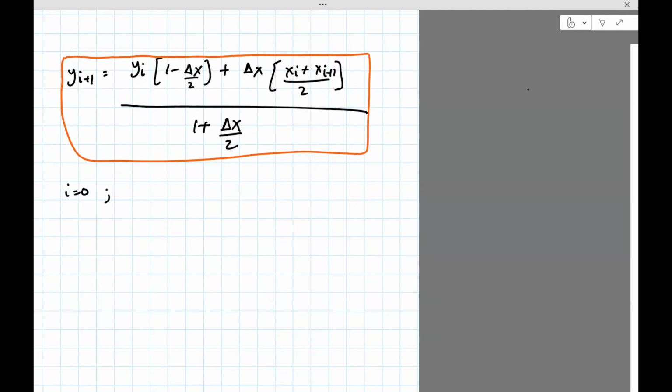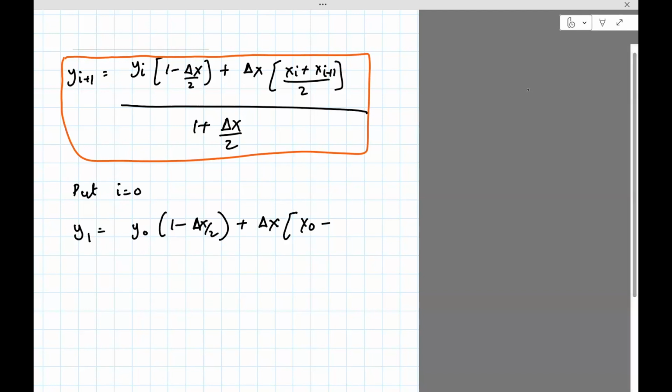Put i equals 0. y1 equals y0 (1 minus delta x divided by 2) plus delta x (x0 plus x1) divided by 2, divided by 1 plus delta x divided by 2.